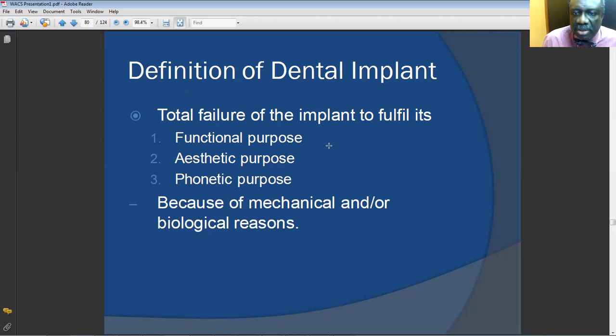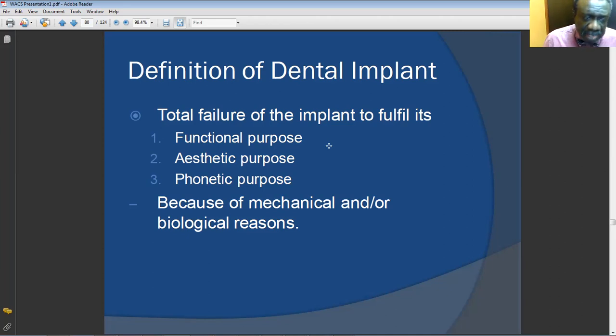So the definition of dental implant failure: this is the total failure of the implant to fulfill the functional purpose, the aesthetic purpose, and the phonetic purpose because of mechanical and/or biological reasons. And this definition is fantastic.